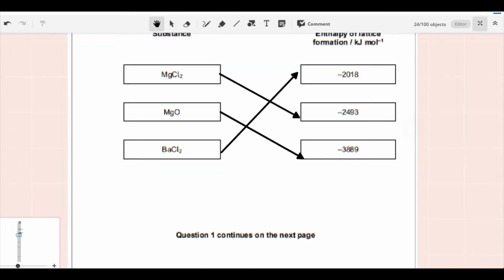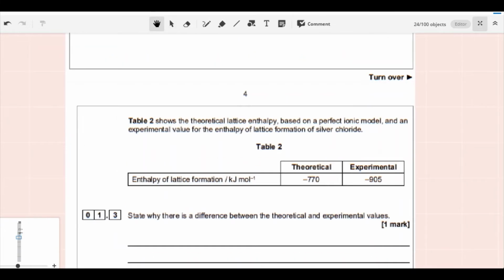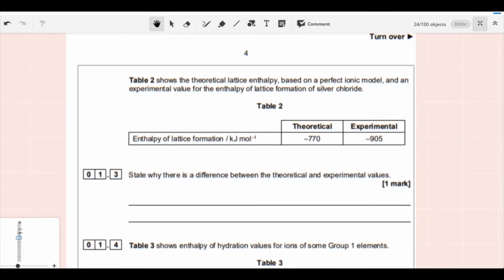Okay. Now the third question, part 1, question number 1. Table 2 shows the theoretical lattice enthalpy based on the perfect ionic model and an experimental value for the enthalpy of the lattice formation of silver chloride. You can see here the theoretical is minus 770, while the experimental is minus 905.